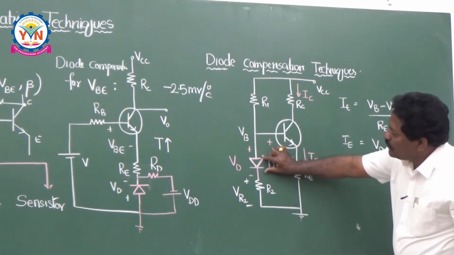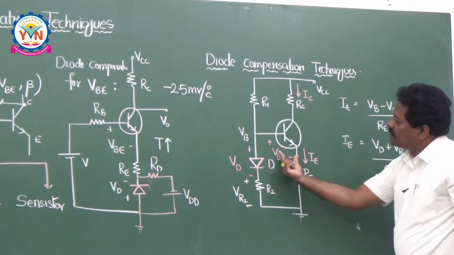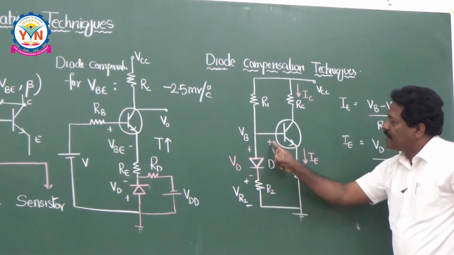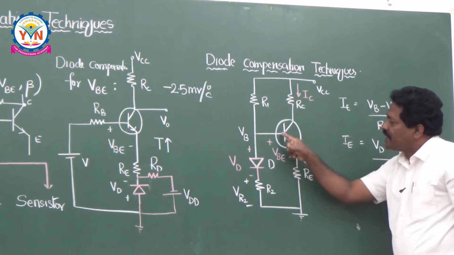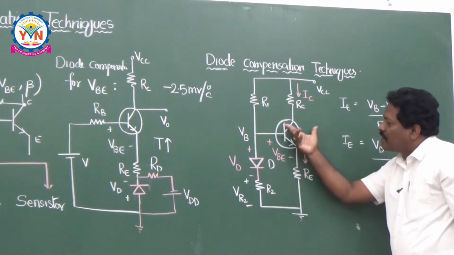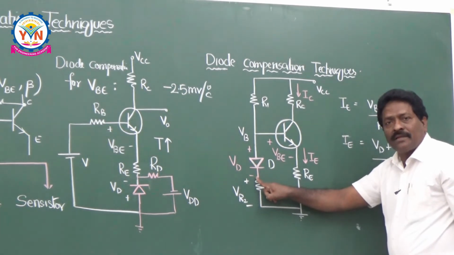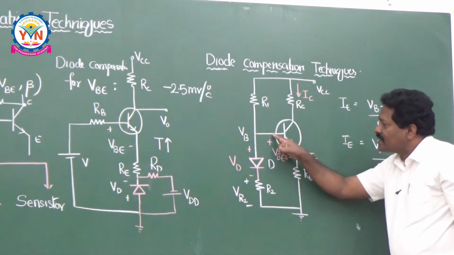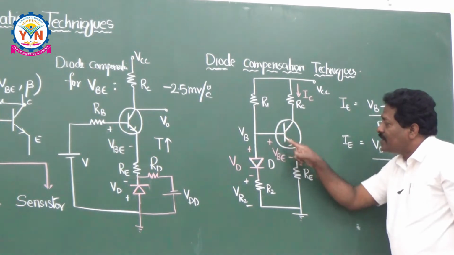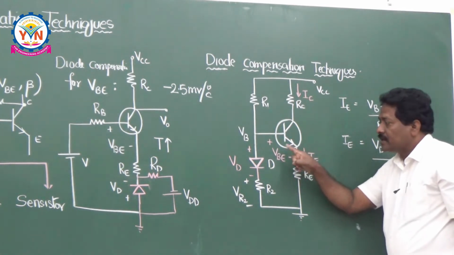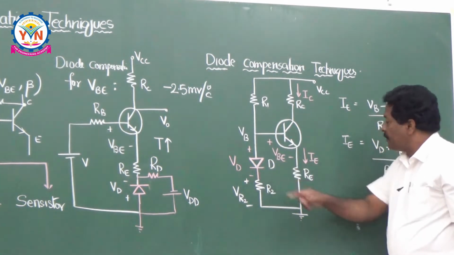So this drop is compensating this drop because this is plus and minus and this is plus and minus. So the change in the transistor can be compensated by the change in the diode. That is the reason the transistor voltage, that is VBE, can be compensated by the drop across this diode VD.